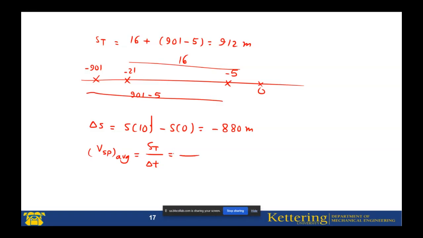S total is 912 divided by 10. This will be 91.2 meters per second. I think that the second question and third question in your homework are similar to this problem.